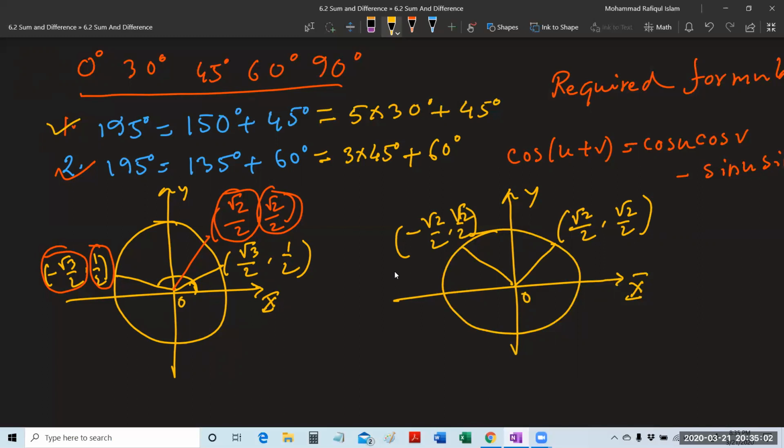Now for 60 degrees, the coordinate is here, and it will be 1/2, comma, root 3 over 2. Now let's use this for our main problem.